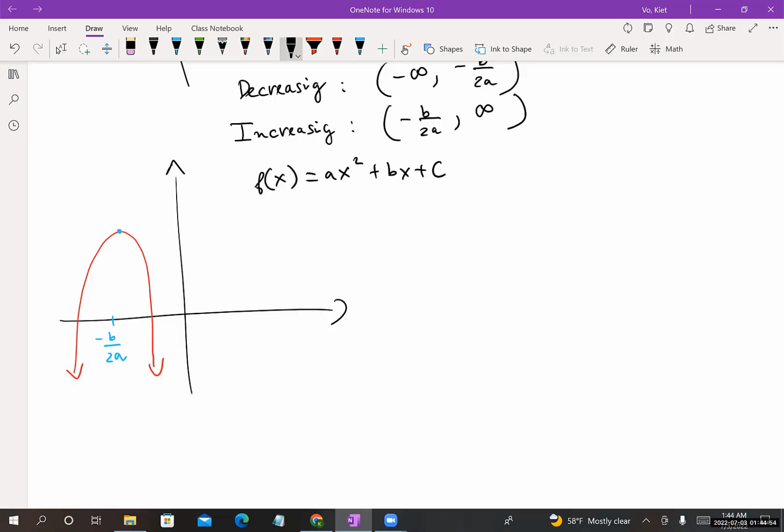Okay. So this time, you see on the left-hand side of x equal to negative b over 2a, the function would have this type of shape here, where it's rising up from left to right. And then on the right-hand side, the function is falling down from left to right. So on this side, the function would be increasing, and it's decreasing on this side.